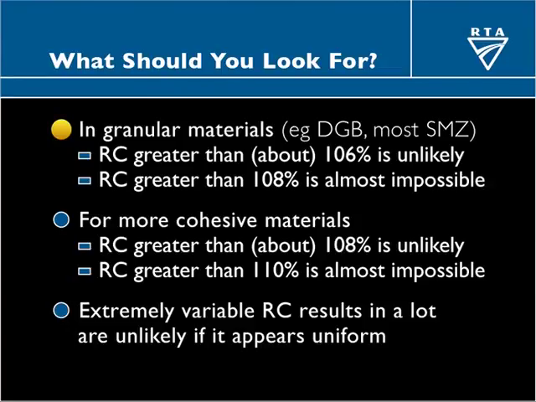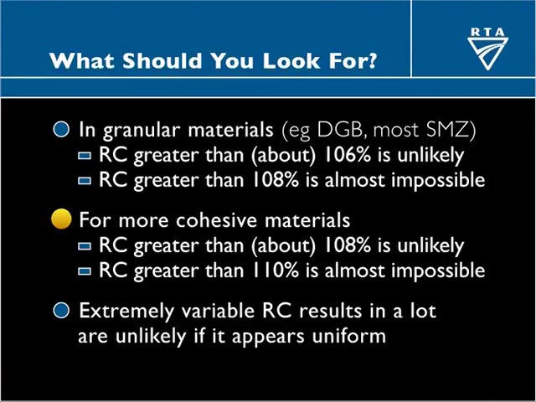In granular materials such as road bases, most select, really relative compactions bigger than about 106% is very unlikely. It can happen, if only because of experimental error in individual results, but really as a systematic thing it's unlikely. Results above about 108% are practically almost impossible and should be treated with vast suspicion.